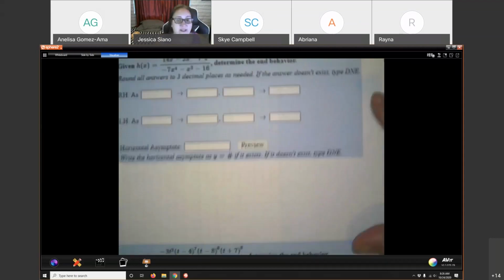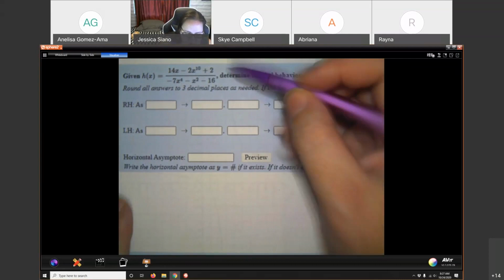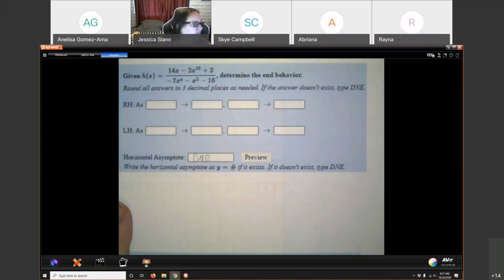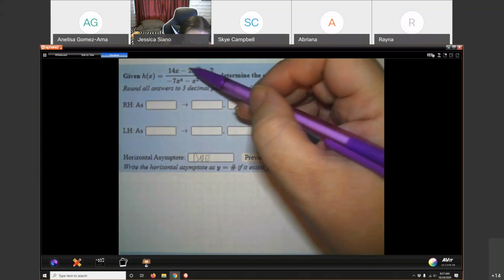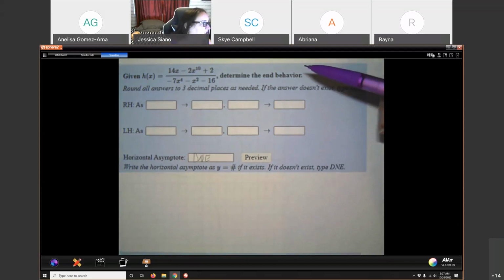Now, if you have a bigger degree on the top, then we need to start looking at the signs here. First of all, bigger degree on the top means there is no horizontal asymptote. Now, if we have a negative leading coefficient on the top and a negative leading coefficient on the bottom, that means that overall we have a positive leading coefficient.